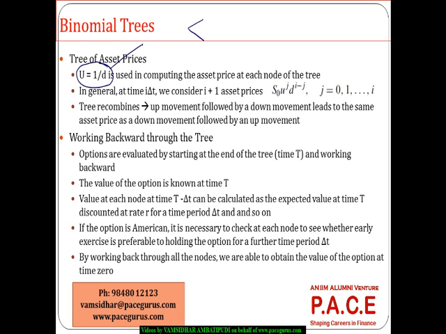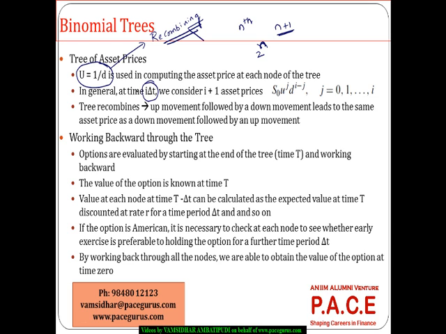This assumption results in a recombining binomial tree, where the number of possible values of the asset at the nth step becomes only n plus 1, rather than 2 to the power n, which makes the computation much more difficult. So we make the assumption that u equals 1 by d.